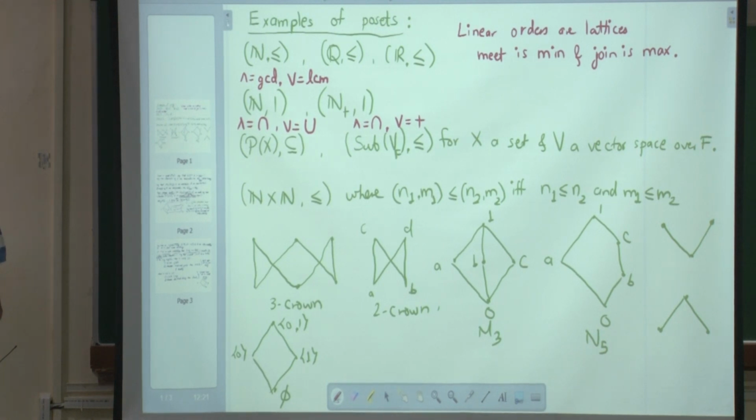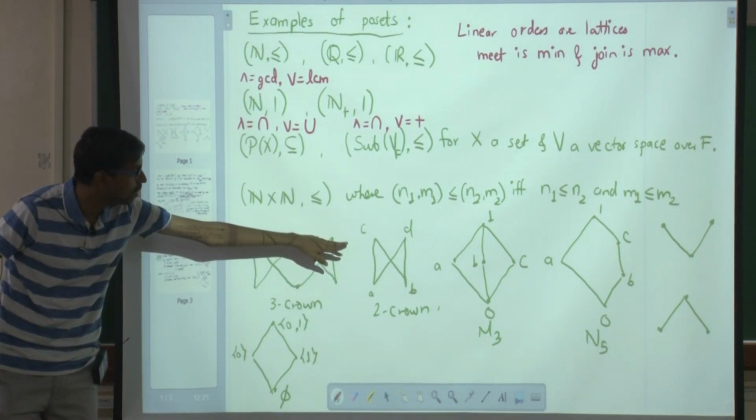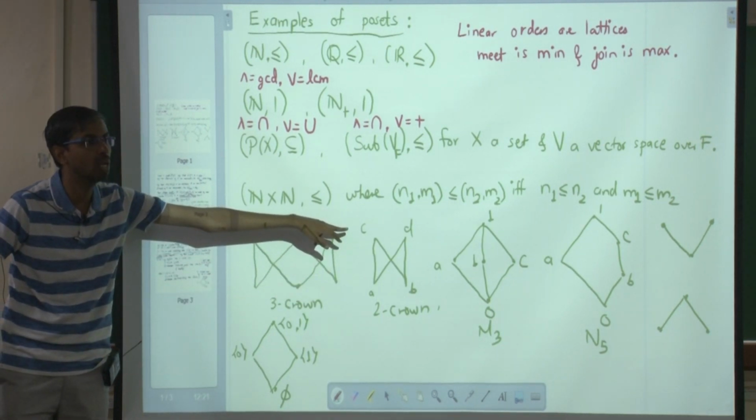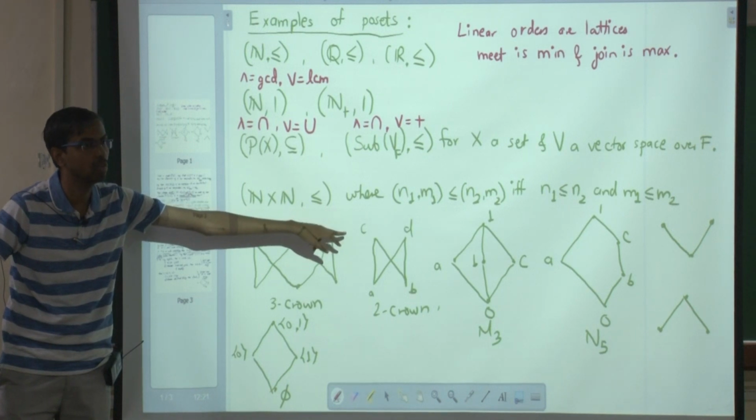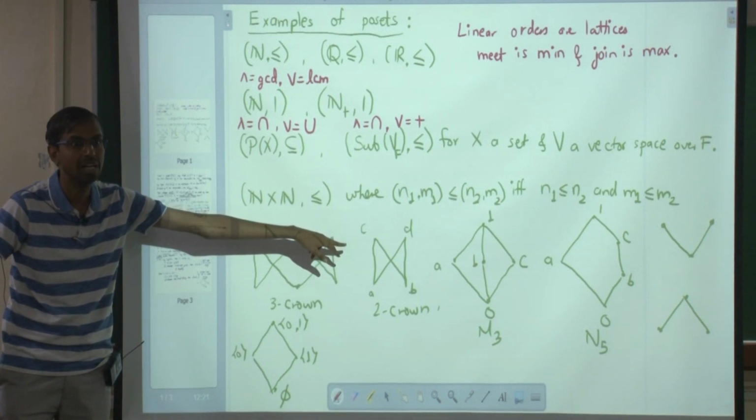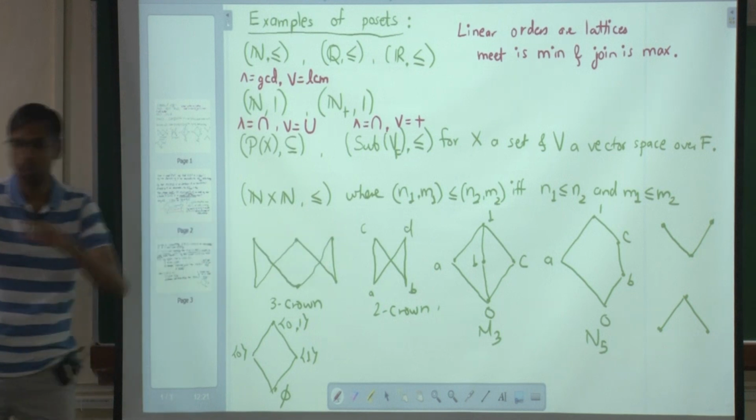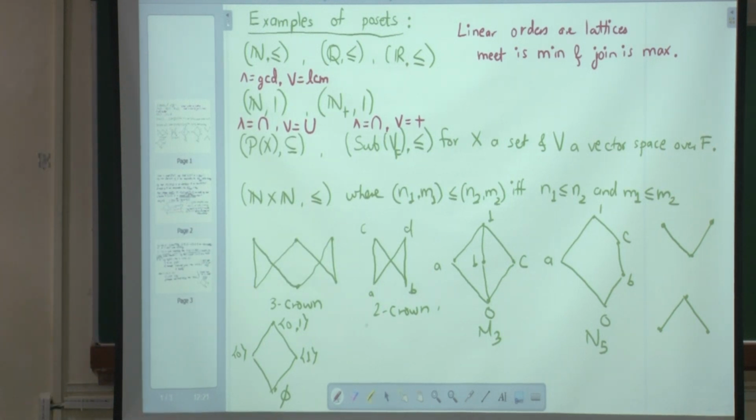It does not exist, because A and B both have common upper bounds, C and D, but there is no least one, so not a lattice. No crowns are lattices.